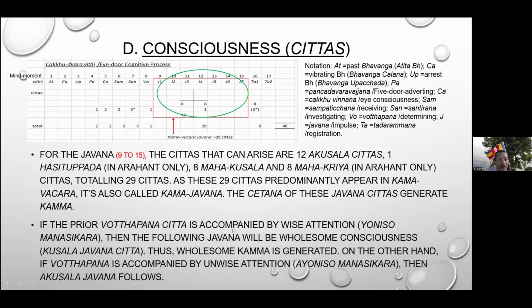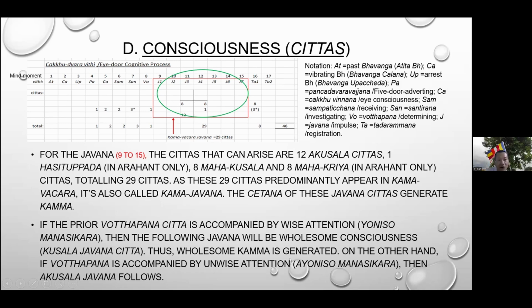So if the Votapana citta is accompanied by wise attention, that means Yoniso Manasikara, then the following Javana will be wholesome. That means if Votapana arises together with wise attention, then this Javana will be wholesome, meaning the 8 Mahakusala cittas will be able to arise.